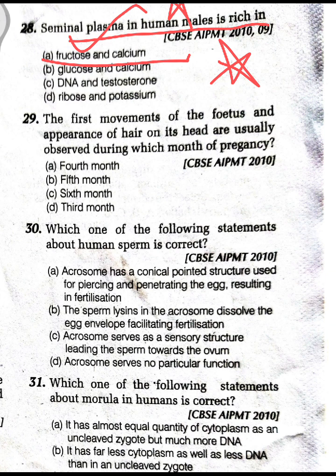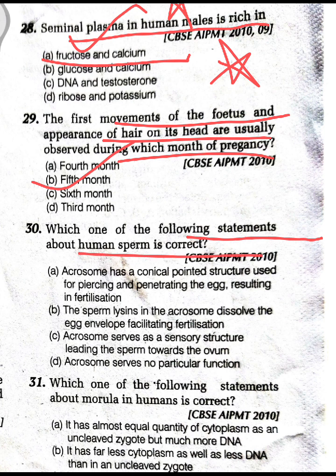Next, the first movement of the fetus and appearance of hair on its head are usually observed during which month of pregnancy? Growth of hair occurs in the 5th month. Next, which one of the following statements about human sperm is correct? It is option number B, that the sperm lysins in the acrosome dissolve the egg envelope, facilitating fertilization.